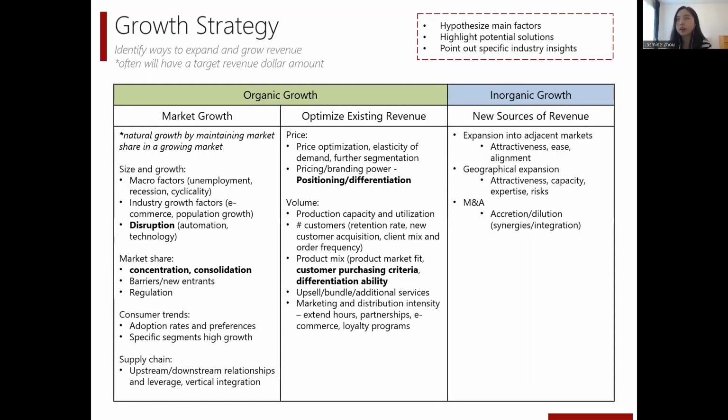Instead of growing organically, can we acquire or merge with a similar or synergistic firm? Of course, you want to look at the accretion and dilution of a potential M&A, and then the synergies or integration difficulties with that inorganic growth. So this is for growth strategy.